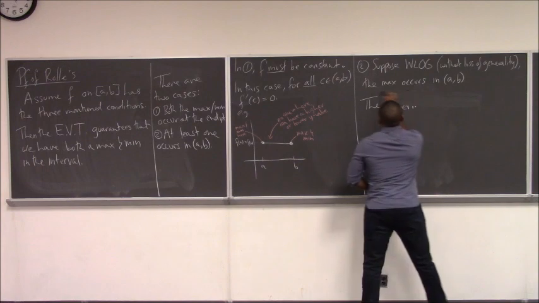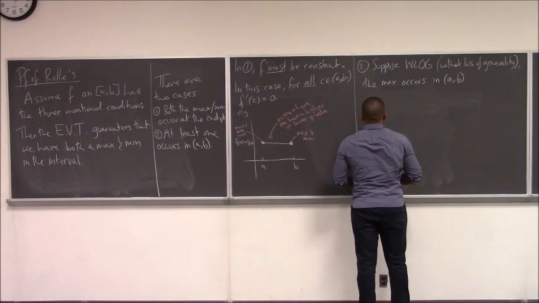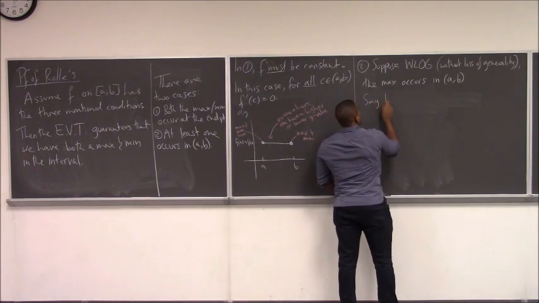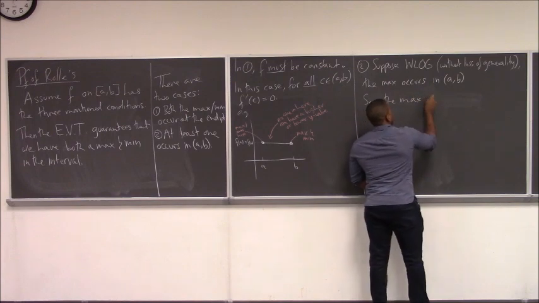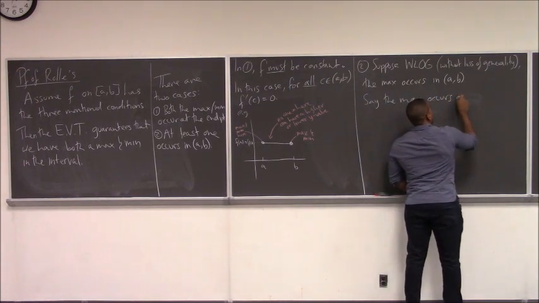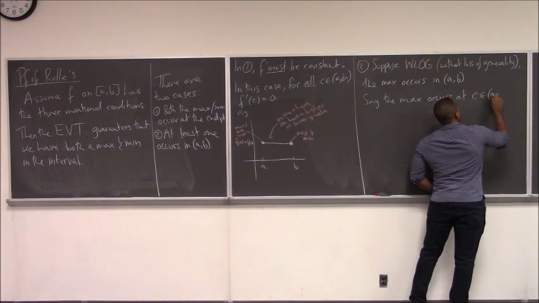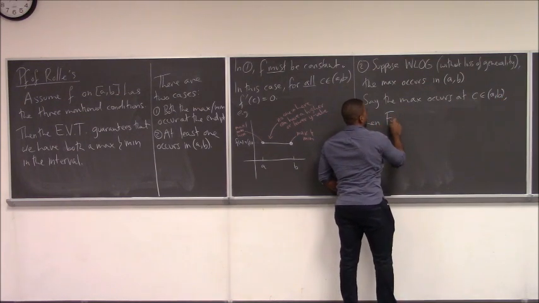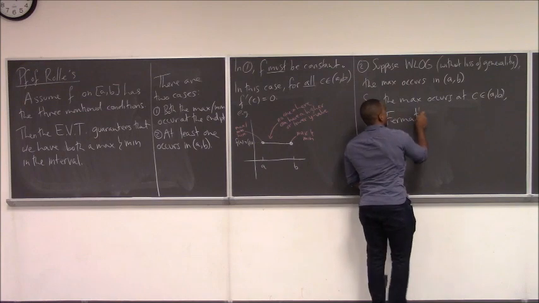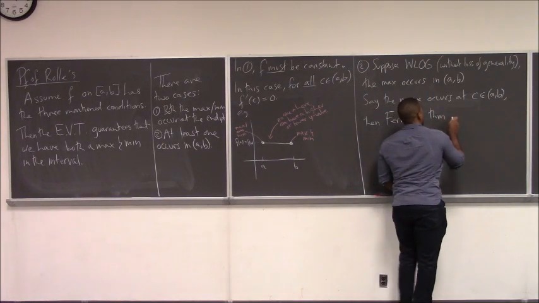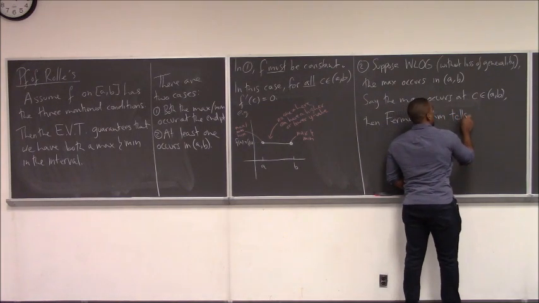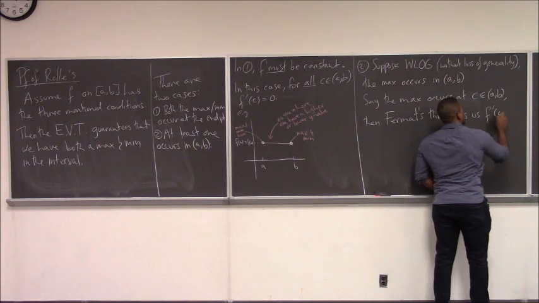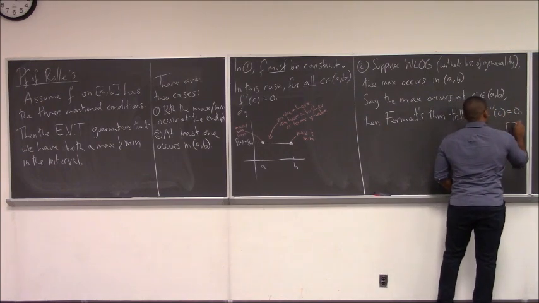Or let's say it occurs at c. Then Fermat's theorem tells us f prime of c equals 0. And that's the end of the proof.